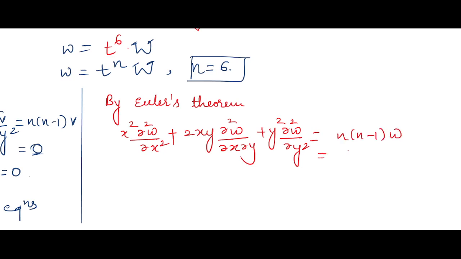But here n is equal to 6. So 6 into (6 minus 1) into w, which is 6 into 5w or 30w.